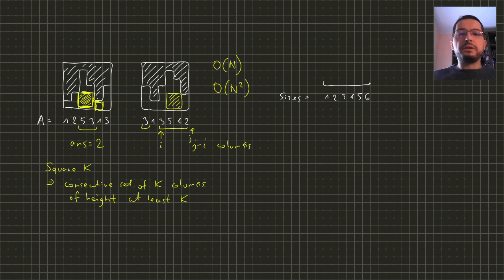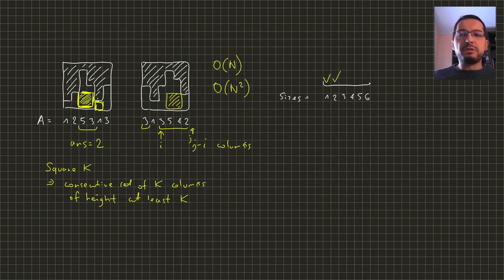Let's look at the return values of the function verify for different sizes of squares. Let's use the histogram on the right for this. So as we said before, in every histogram, the square of size 1 will be fit. So here we have OK. Here we also can find the square of size 2.